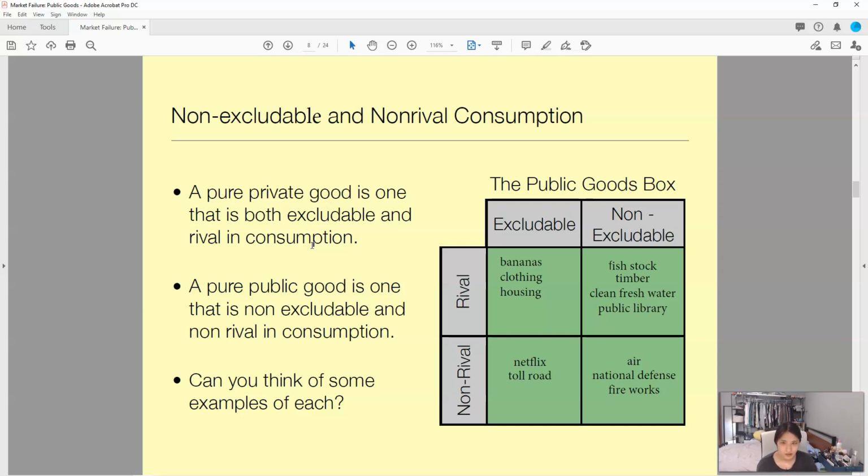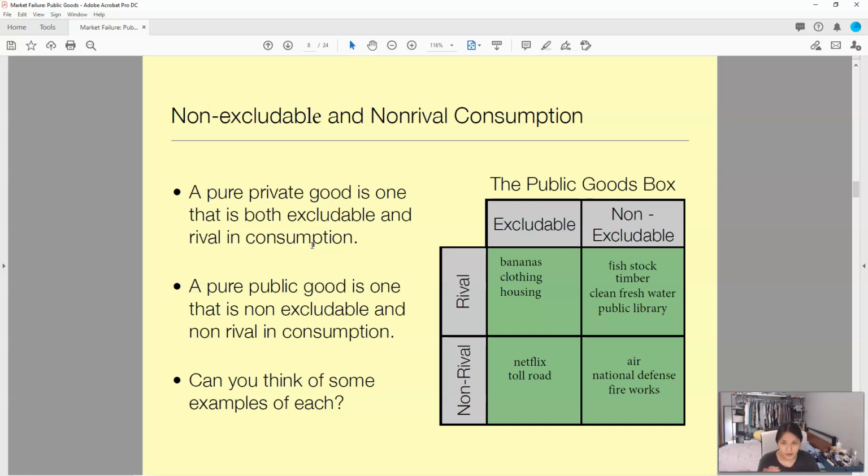How about the public good? The air, the national defense, the fireworks, the street light. Can I exclude you from consuming air? Can I exclude you from breathing? Can I exclude you from watching the fireworks? No, I can't.